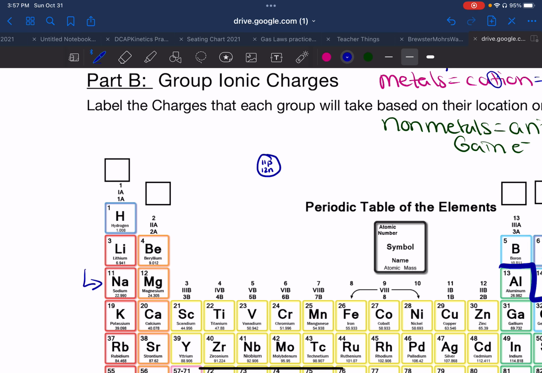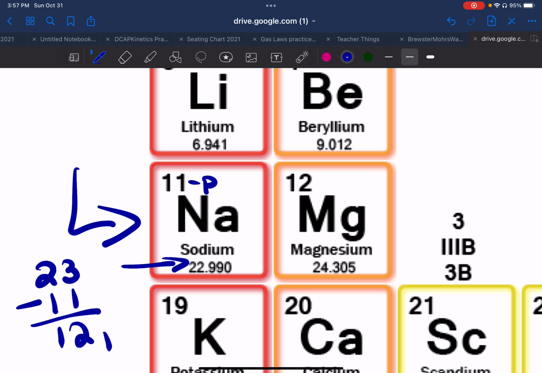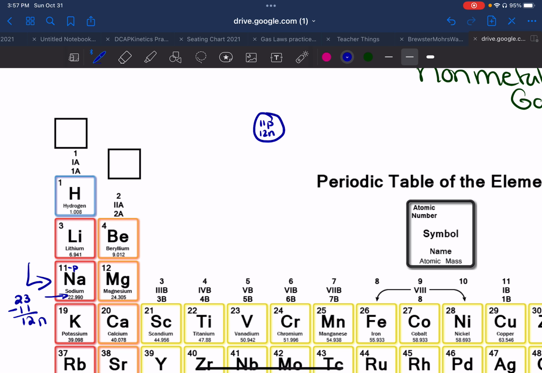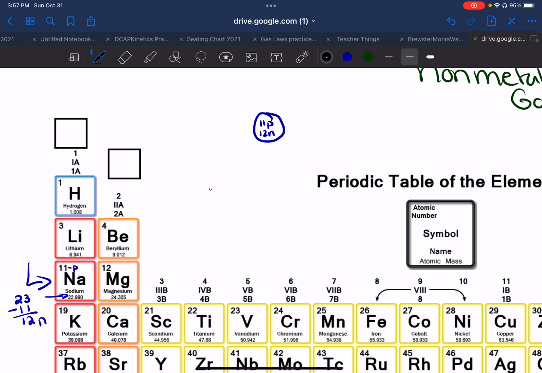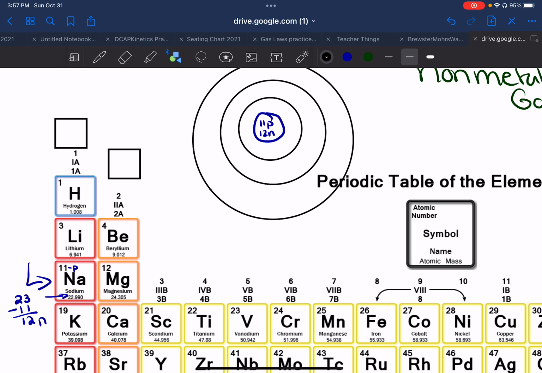If you're wondering where I got this number from, again, 11 protons. This rounds up to 23. 23 minus 11 gives me 12 neutrons. And it's on row 3, which means if I'm drawing my rings, which we're getting into, then I'm going to have ring 1, ring 2, and ring 3.